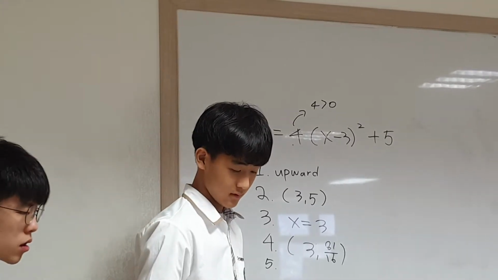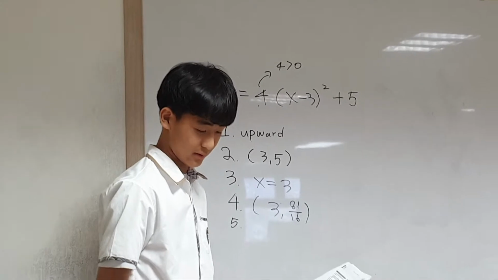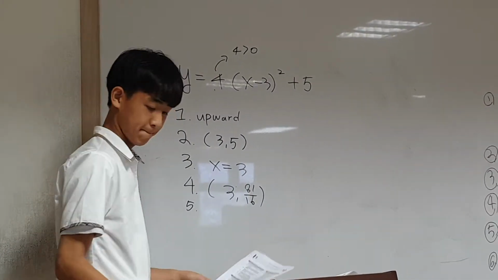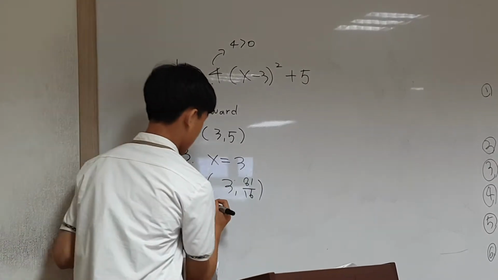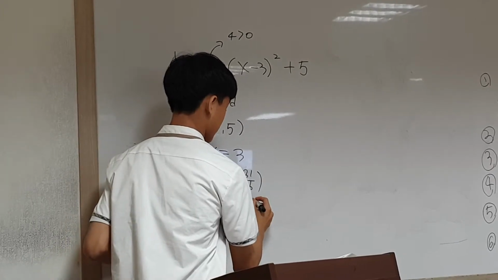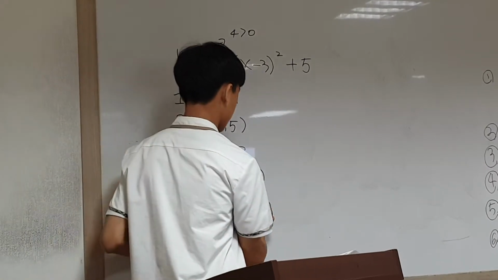Yeon, what would be the equation of the directrix? y equals 5 minus 1 over 4 times 4, which is 1 over 16.